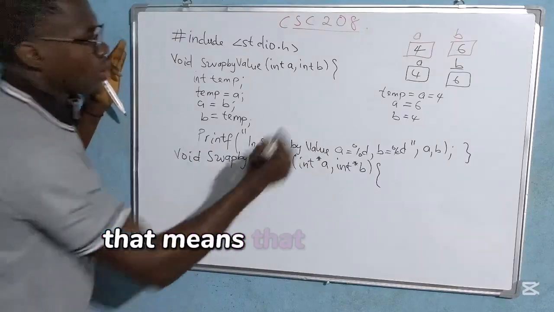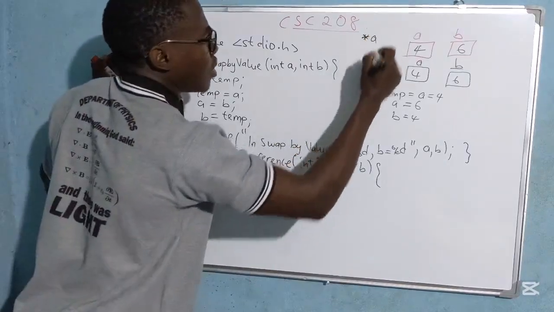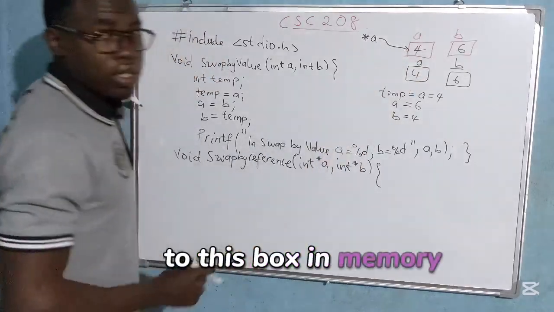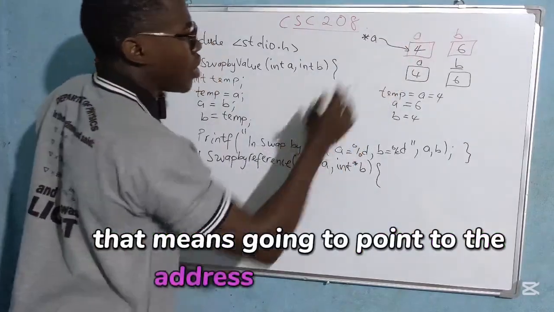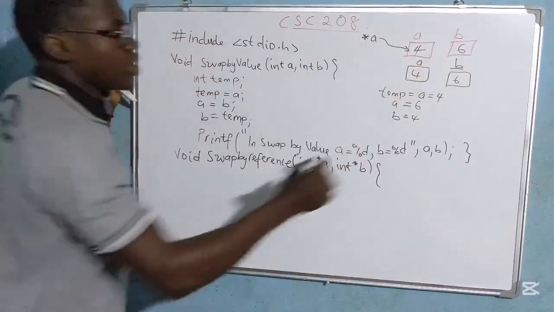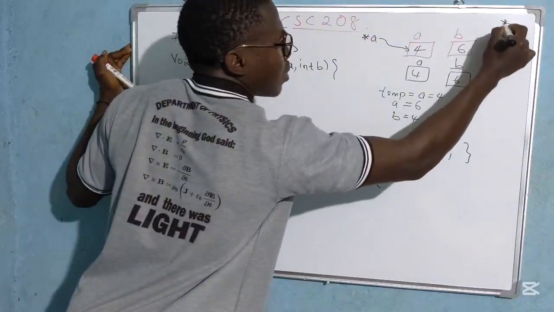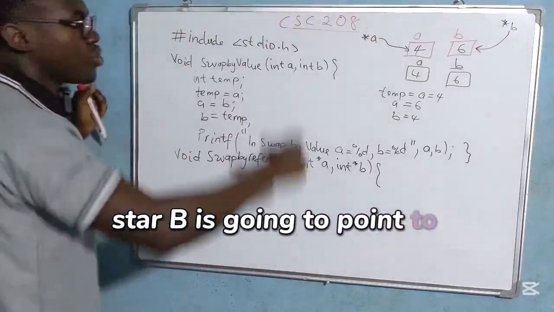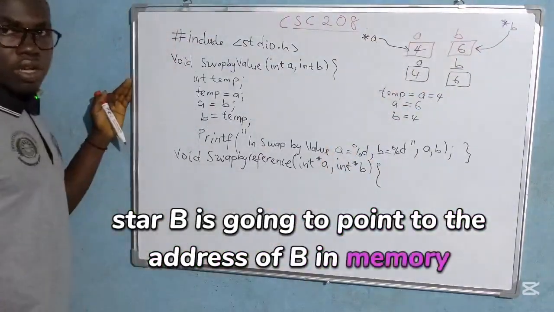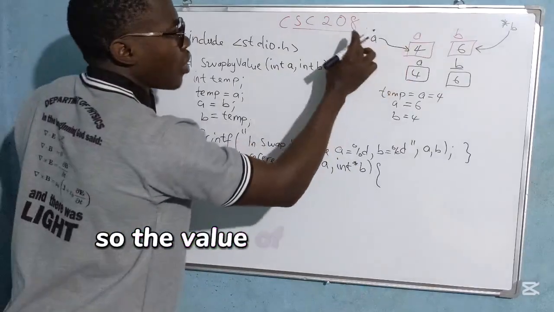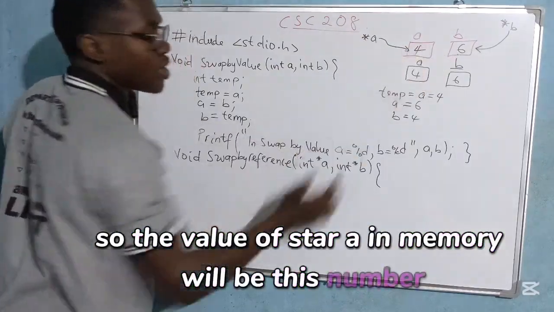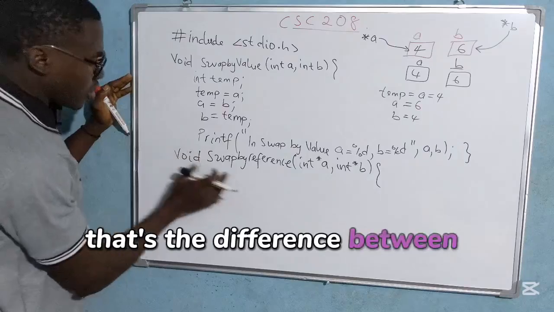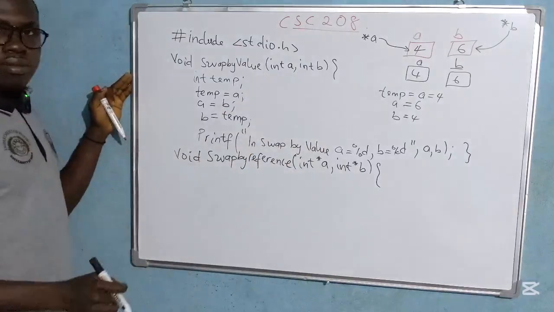That means this star A is going to point to this box in memory. That means it's going to point to the address of A in memory. The same thing for star B. Star B is going to point to the address of B in memory. Understand? So the value of star A in memory will be this number directly in the memory. That's the difference between this and this.